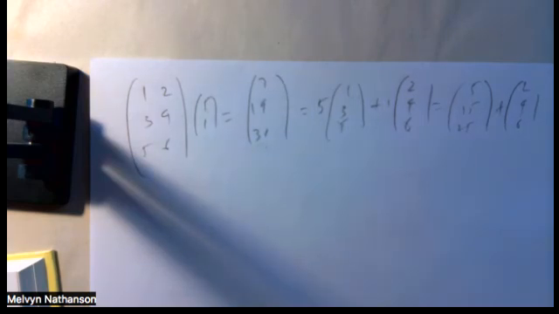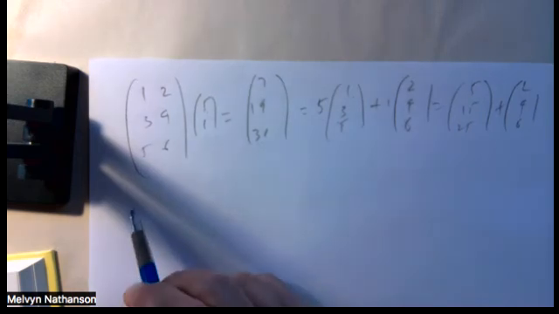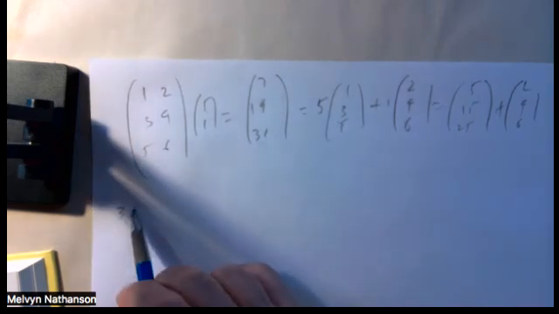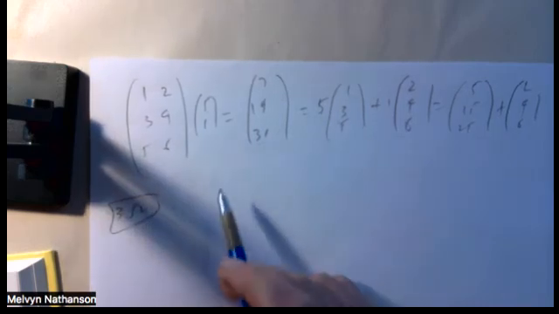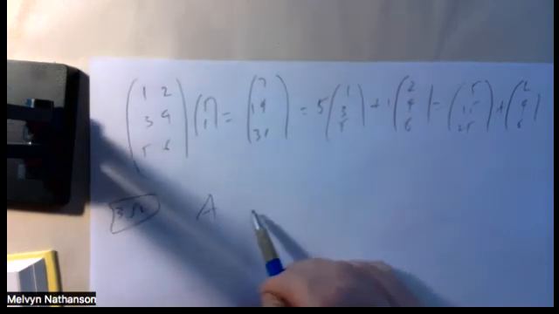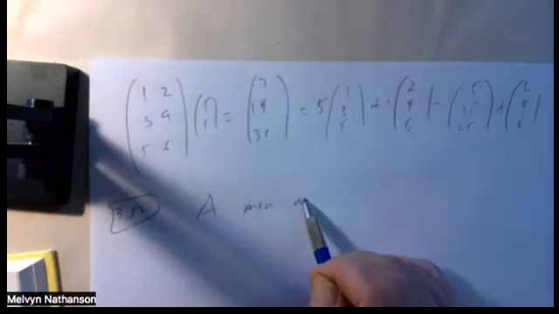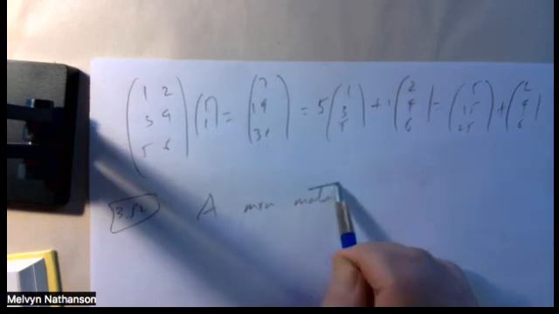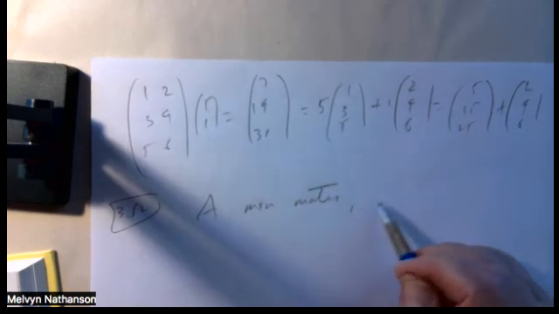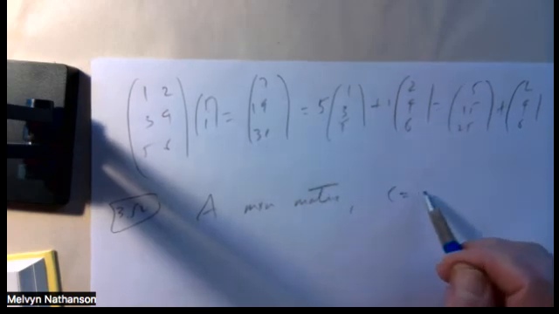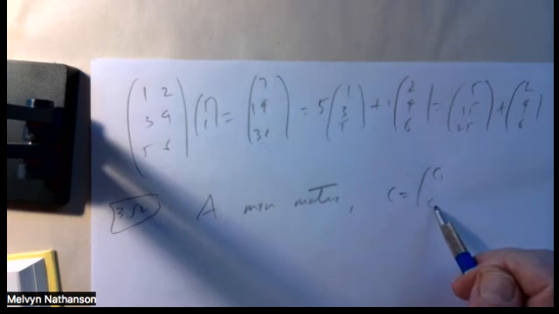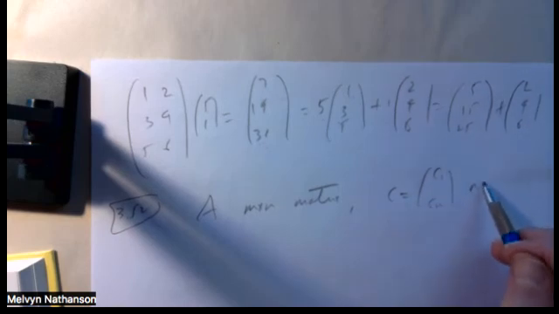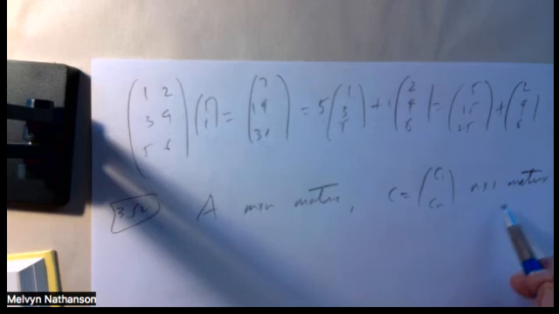And if we put this together, these are all just calculations. If you have an m by n matrix A, and you have a column vector C, it's an n by 1 matrix, or a column vector.